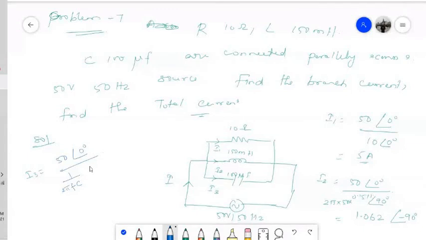You can refer, and this will be minus 90 degree. So 0 minus of minus 90 degree. So this will be 50 divided by whatever you get here. You get 1.573. This will be 90 degree.